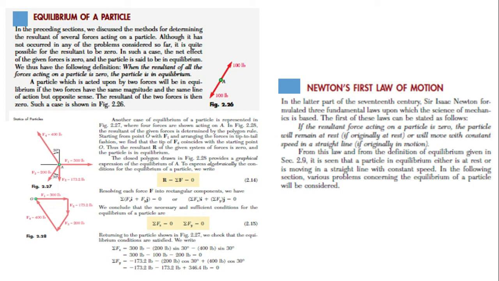You can say that this system of forces acting at point A satisfies the equilibrium of the particle and it is in equilibrium. Just a brief reminder about Newton's first law of motion.